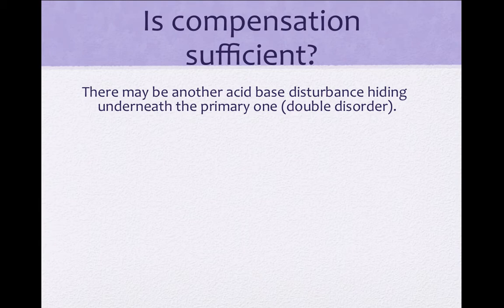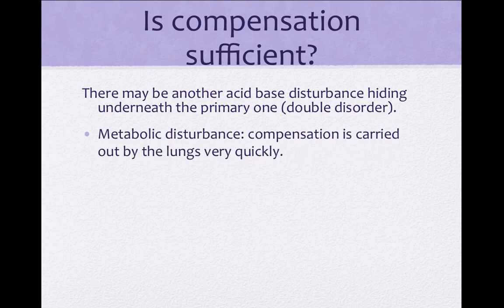But what if they're producing more bicarbonate than is needed for the neutralization process? This will leave us with excess bicarbonate in the body, and we will refer to it as metabolic alkalosis. So with the primary disorder, which was respiratory acidosis, there is also metabolic alkalosis. And in order to identify these double disorders, we need to do some calculations.